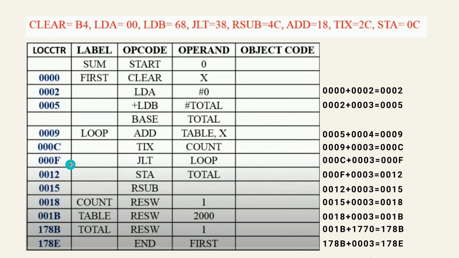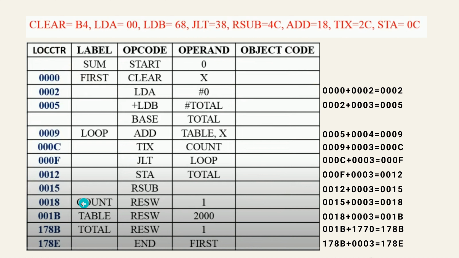This also is a format 3 instruction and occupies 3 bytes; adding that to F forms 0012. This as well is a format 3 instruction, STA TOTAL, so it occupies 3 bytes, and adding it to 0012 forms 0015.